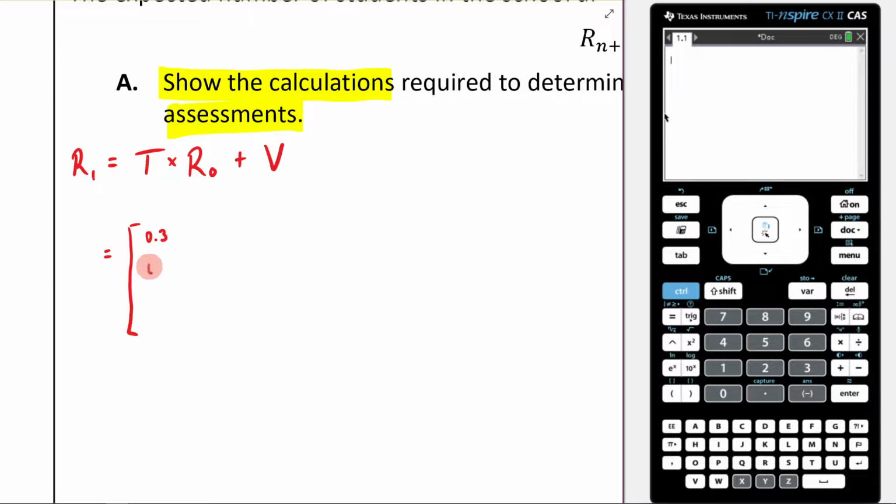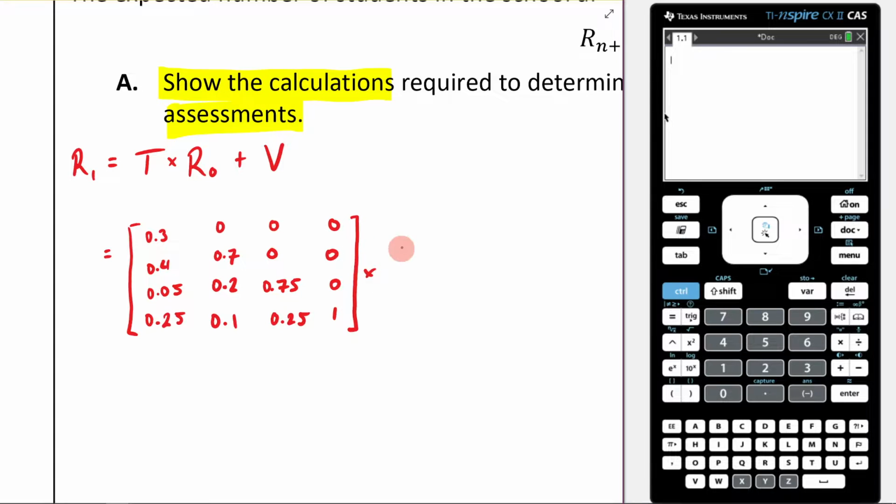0.3, 0.4, 0.05, 0.25. Then it will be 0, 0.7, 0.2, 0.1, then 0, 0, 0.75, and 0.25, 0, 0, 0, 1.